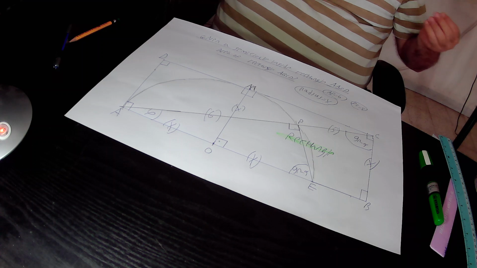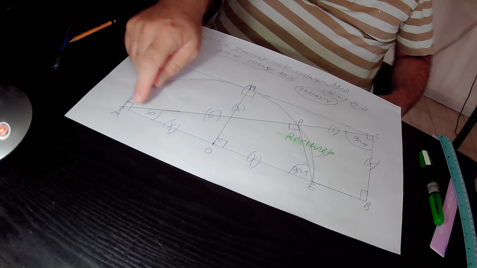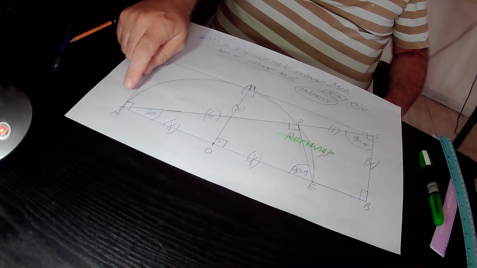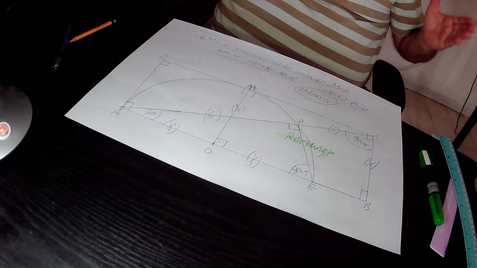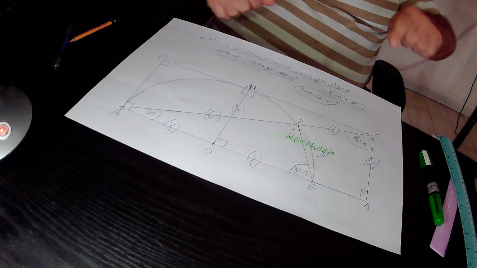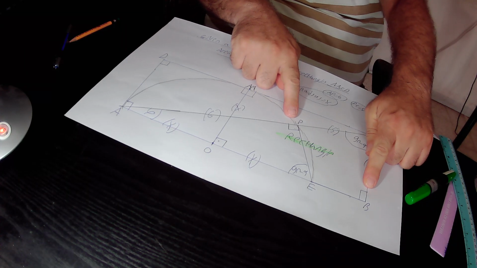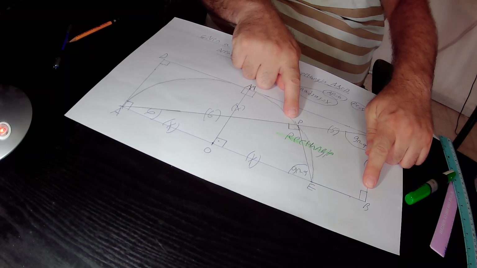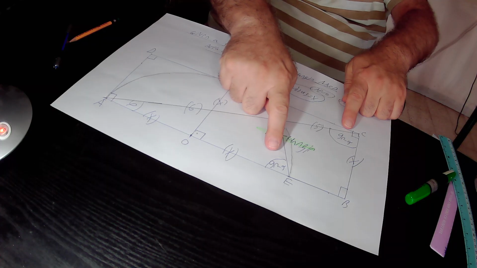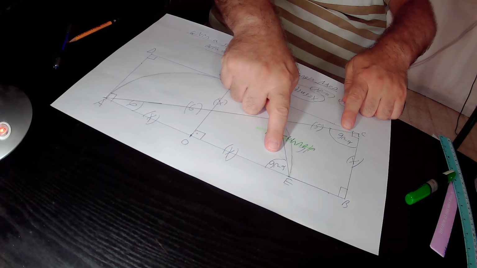In the next step, we prove that the big right triangle ABC is similar to the small right triangle APE. So why are those two right triangles similar to each other? First of all, those two angles are both equal to 90 degrees, therefore they are equal to each other. In addition, both those two angles are equal to 90 degrees minus alpha, therefore they are equal to each other.